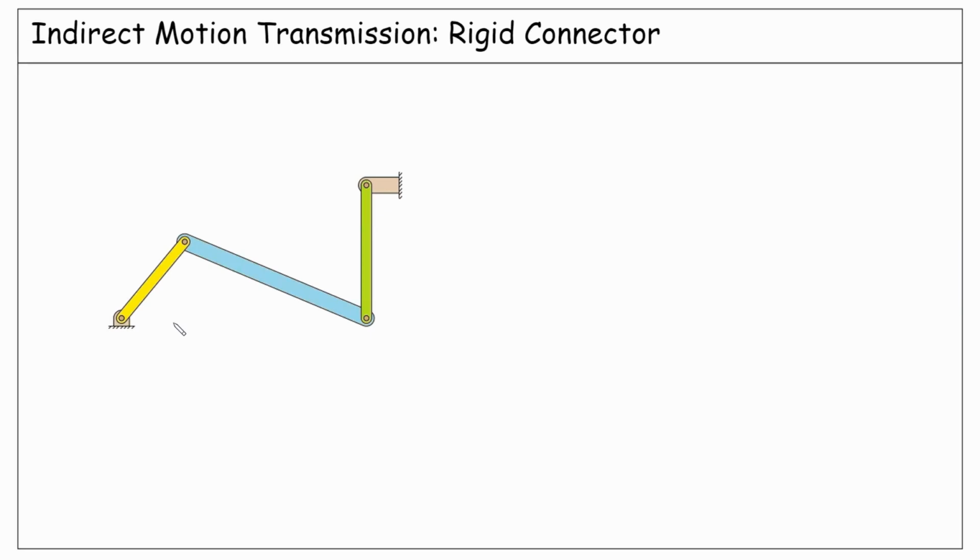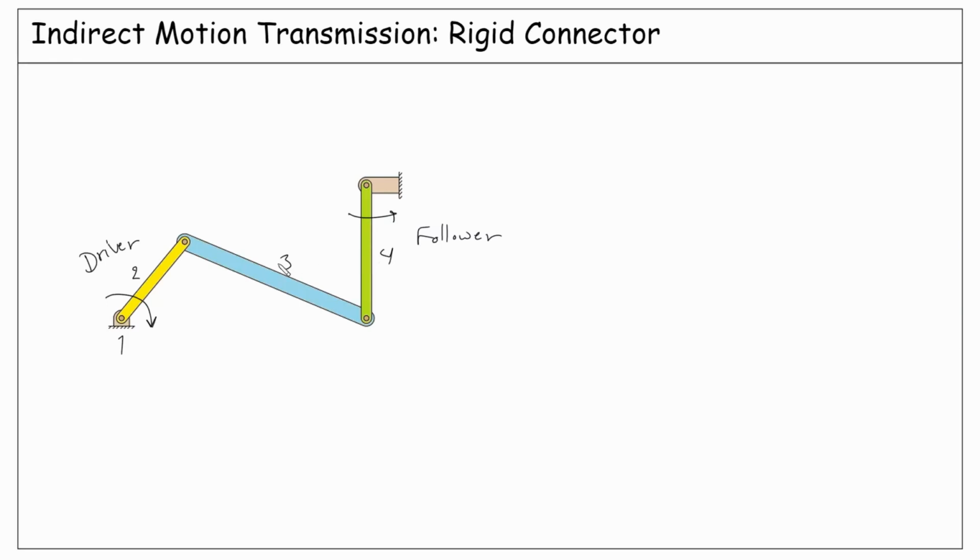In this example, we experience a different method of transmitting motion. This is a 4-bar linkage. 1 is the ground and 2, 3, 4. Let's say link 2 is the driver and link 4 is the follower. Notice that these two links are not connected directly.